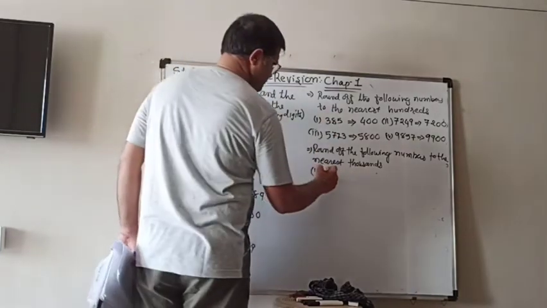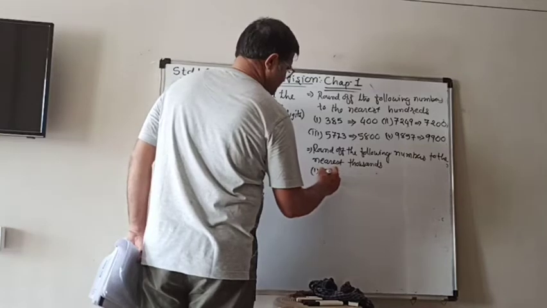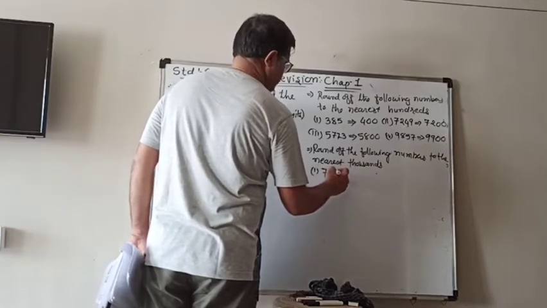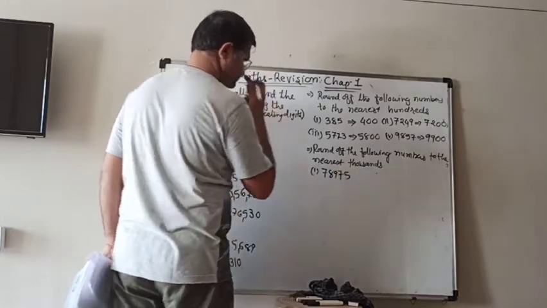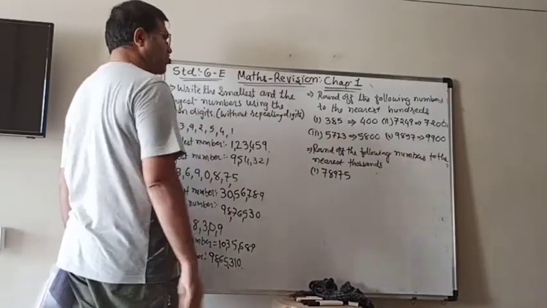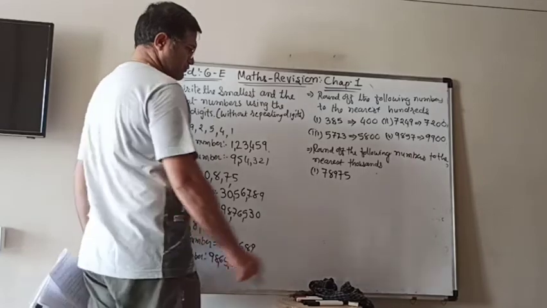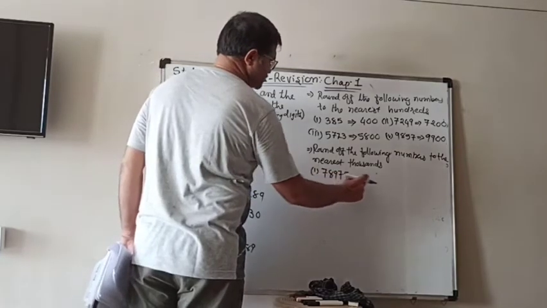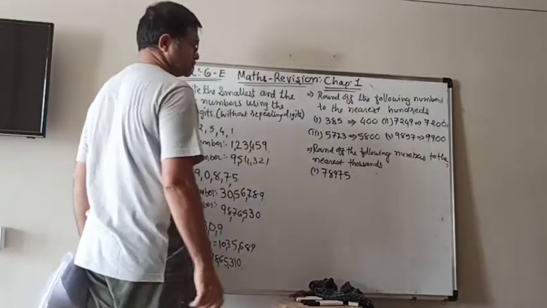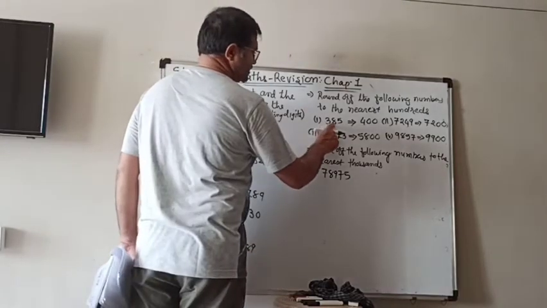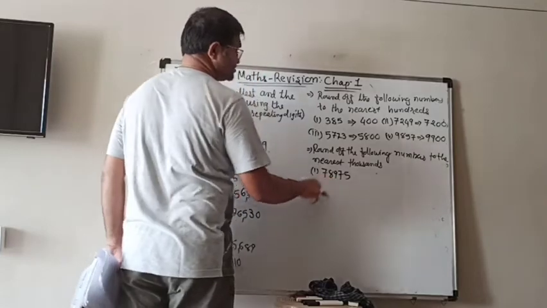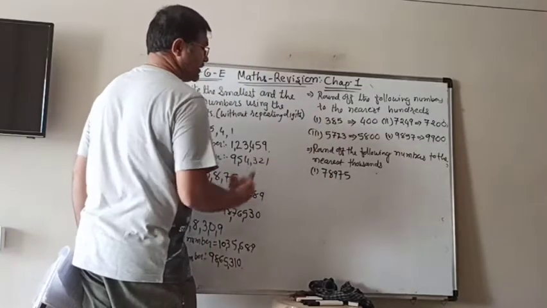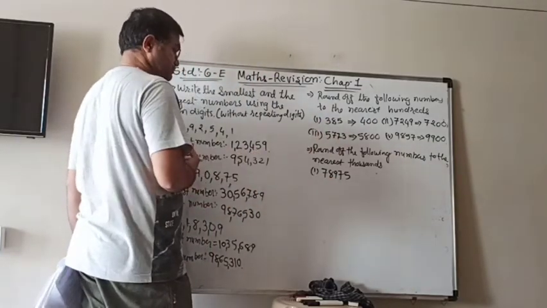Now what about this? 7, 8, 9, 7, 5. Now for 1000, we know that it is between 78,000 and 79,000. Here we have to check the third last digit, means from the right side the third digit.